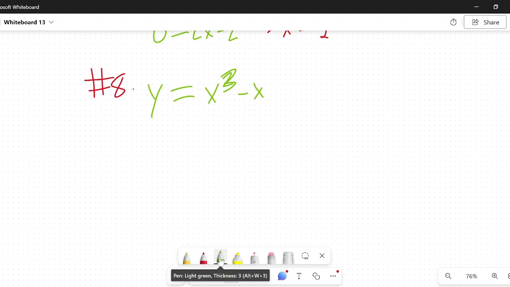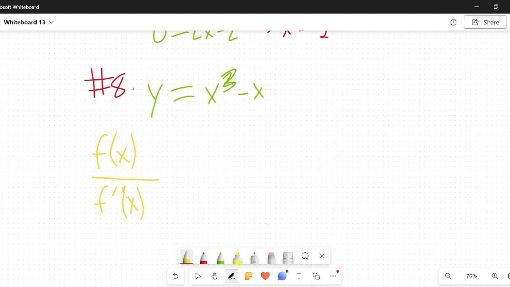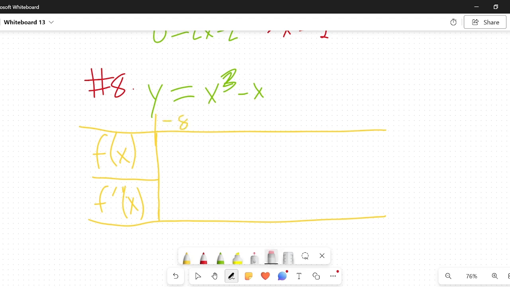So with this, we'll have one for f of x, and we'll have one for f prime of x, right? And essentially what we are going to do is choose the values. We're going to have negative infinity, and then we're going to put all the critical numbers.